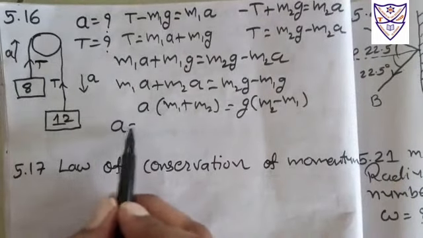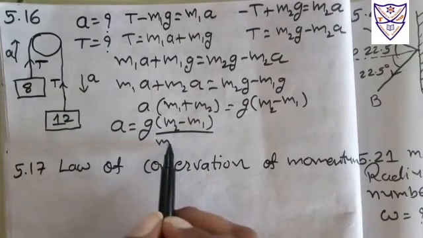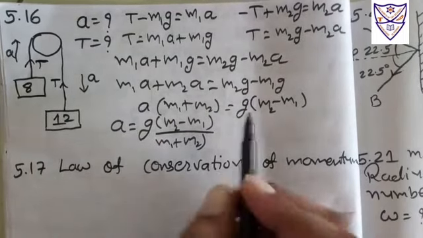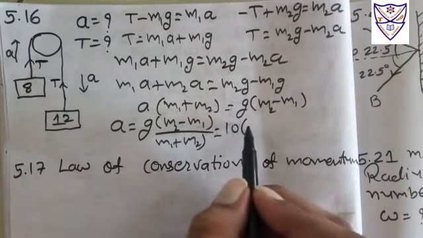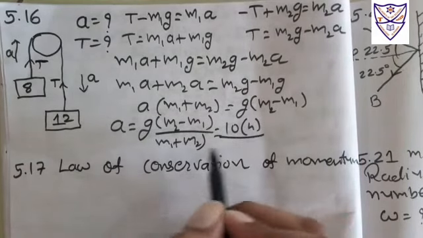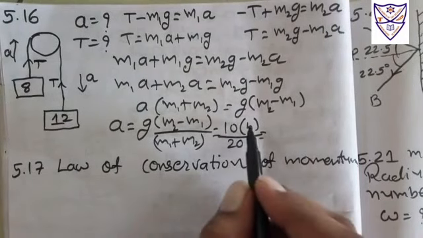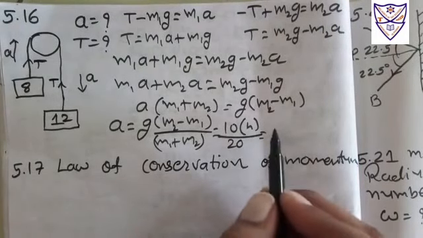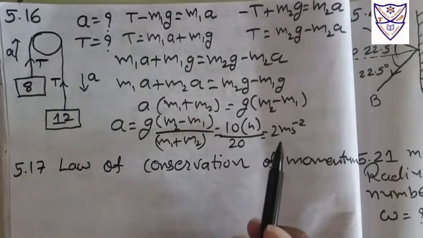So acceleration subject, a is g times m2 minus m1 upon m1 plus m2, right? So by putting all the values here, g is 10, what is m2, 12 minus 8, that will be 4, 12 plus 8, that will be 20, so 40 upon 20, that will be 2 meter per second squared. So the whole system has this acceleration, right?